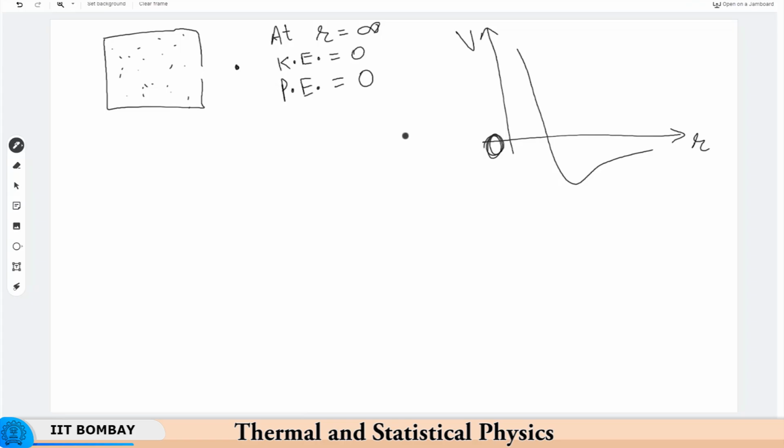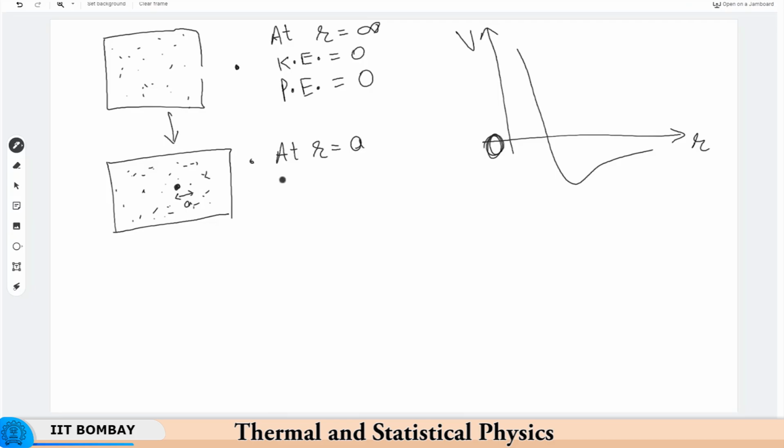Now let us bring this particle very slowly into the system. We are moving so slow that we can still ignore the kinetic energy of this process. After some time we introduce this particle into the system and plug this hole. This is the particle which is now inside the system among many other molecules, and say it is at a distance a away from its nearest neighbor, for example, at R equals A. So what will happen?